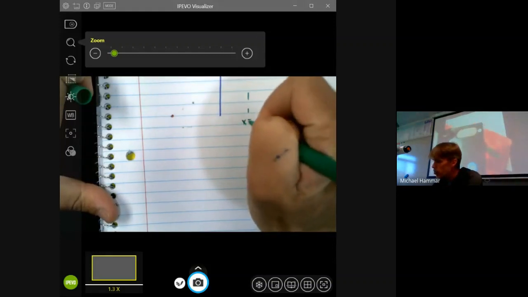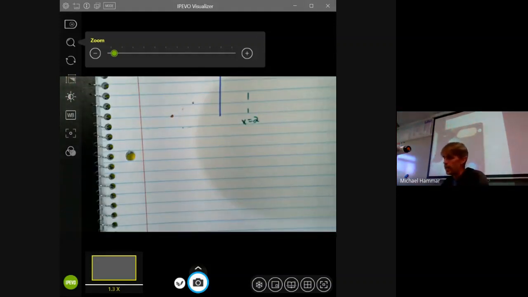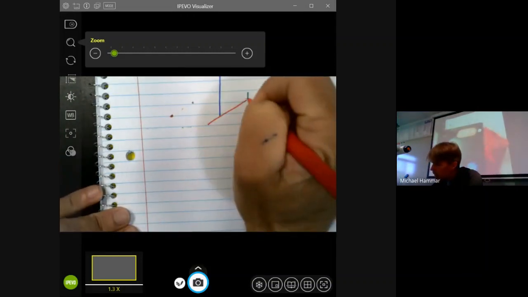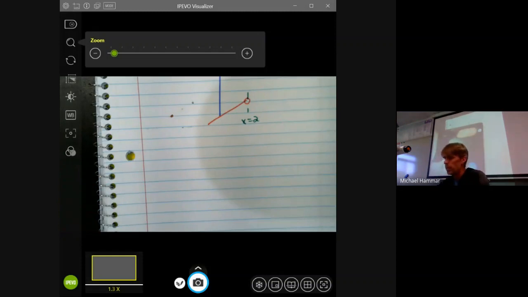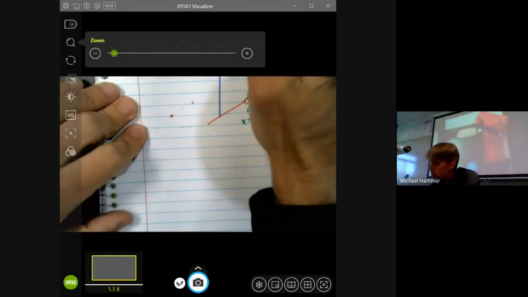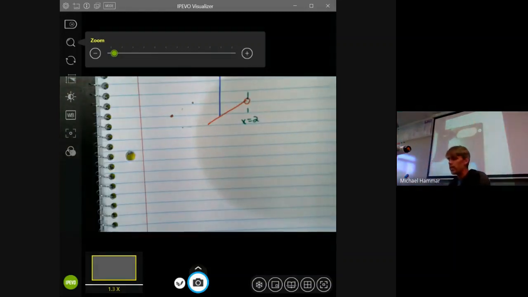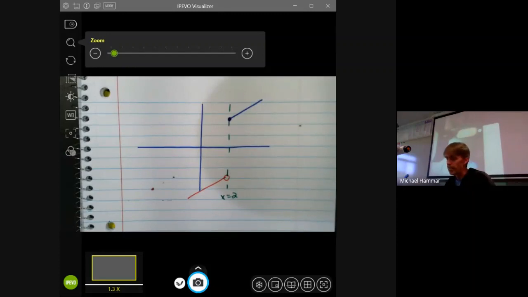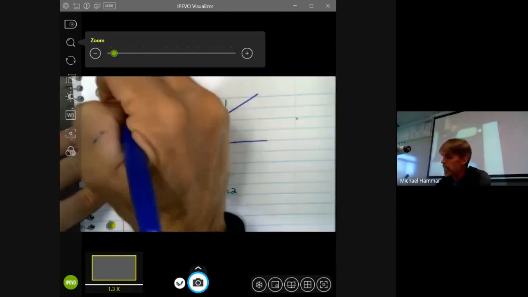So x equals 2. And one of the graphs is going to come to here, and we're going to have an open dot. And then one of the graphs is going to start up here, and we are going to have a closed dot. Okay?